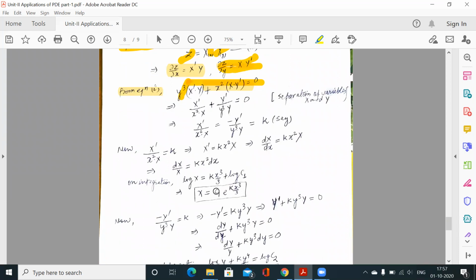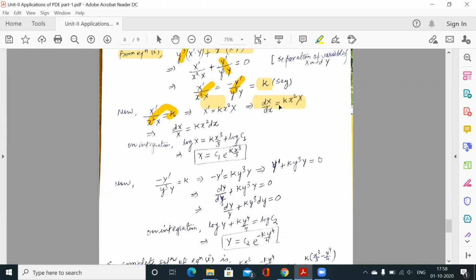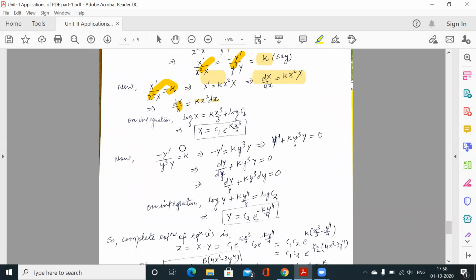Now we have to make the separation. So this is the x term only, this is the y term only. So this is the left hand side, this is the right hand side. Both would be equal to one constant, say k. When the left hand side is equal to k, we get one differential equation, X dash is equal to kx square X. This is first order first degree, so we can use separation: dX over X is equal to kx square dx.